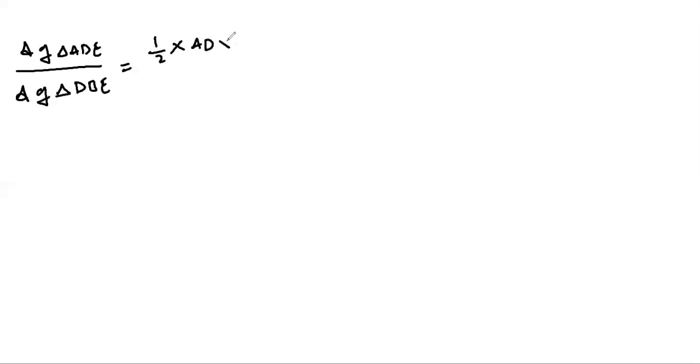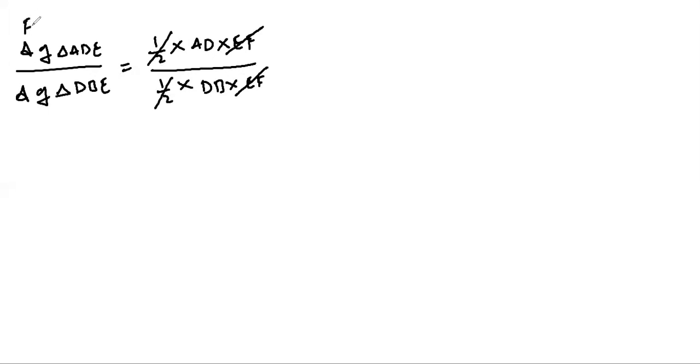AD, into height, which is EF, divided by, here also half into, so the base is DB and height is EF only. Now EF and EF get cancelled, half and half get cancelled.